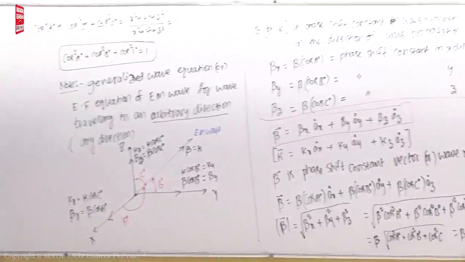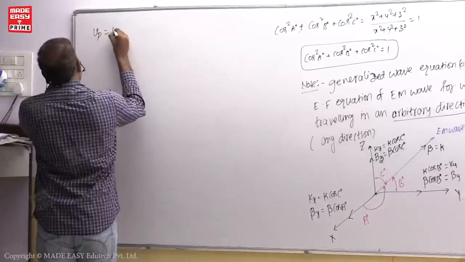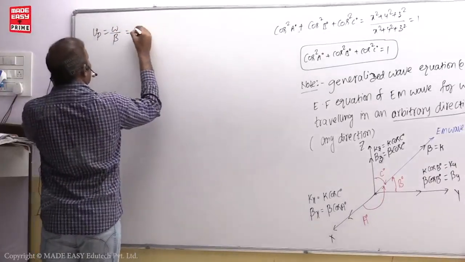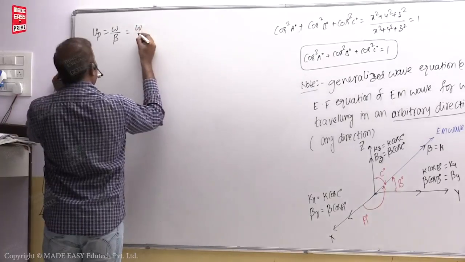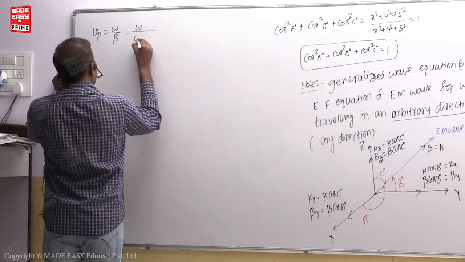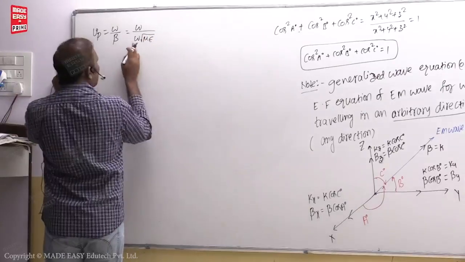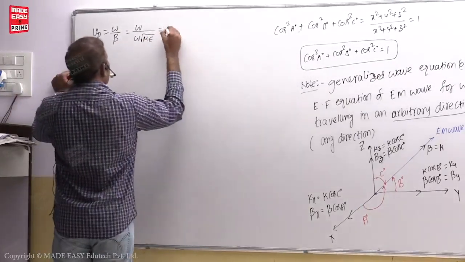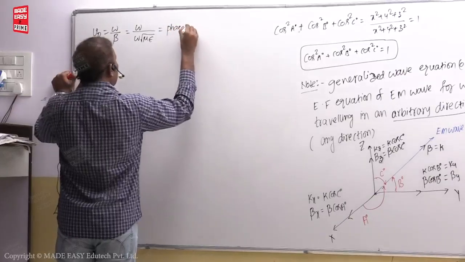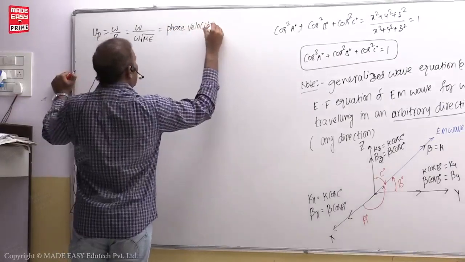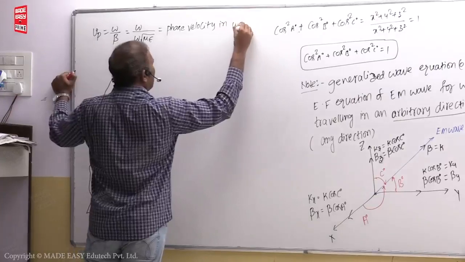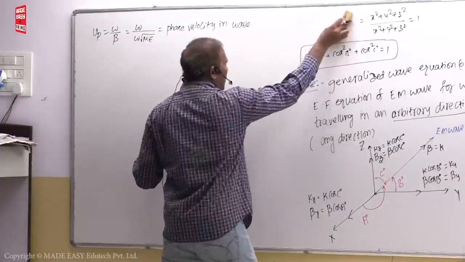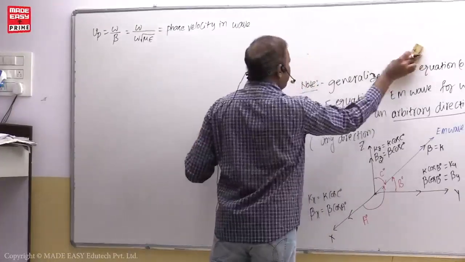So here Vp is equal to omega by beta. Of course, you have seen, students, that beta is omega root mu epsilon. So this gives the phase velocity in the wave propagation direction.